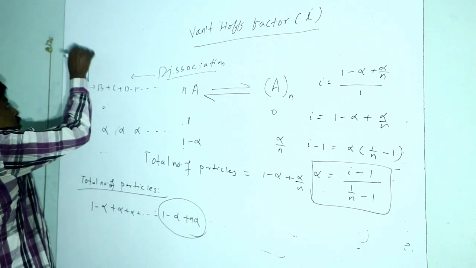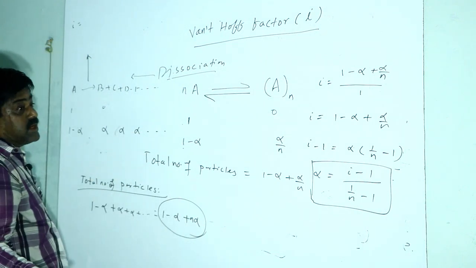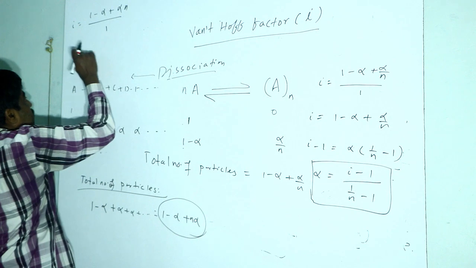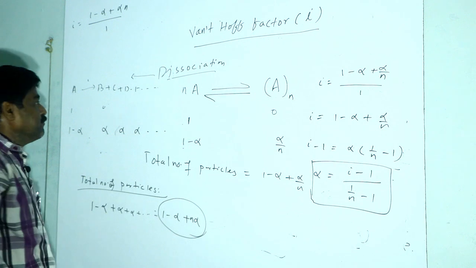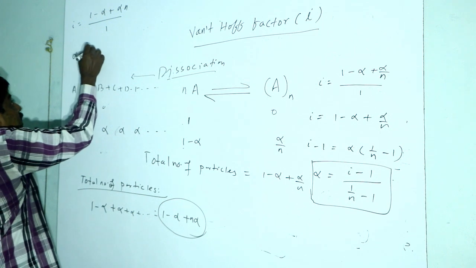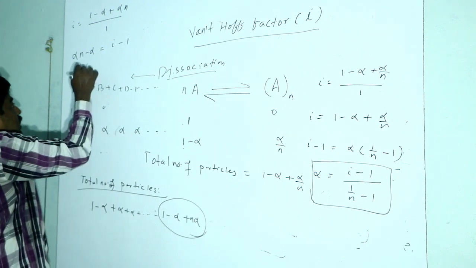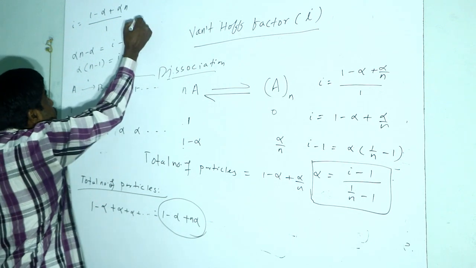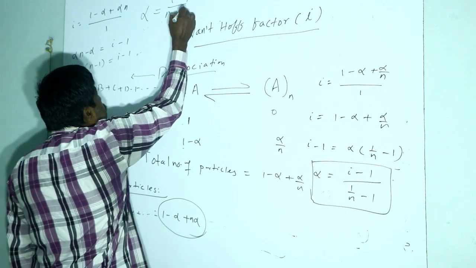Then we can find the i value: i is the number of particles present divided by the number of particles added, that is 1 minus alpha plus n alpha divided by 1. Here we can also determine the degree of dissociation. Alpha n minus alpha is equal to i minus 1. Taking alpha common, alpha times n minus 1 is equal to i minus 1. So alpha is equal to i minus 1 by n minus 1.